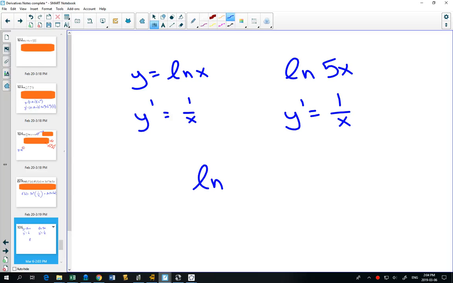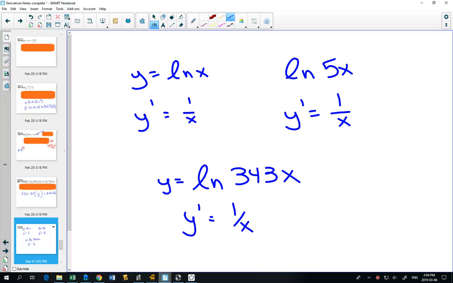So if I had the natural log of, just to over-represent a number from earlier today, 343x, what's the derivative? 1 over x. Why? Why does that number not matter? Does that bother you? A little bit? Why does that happen?